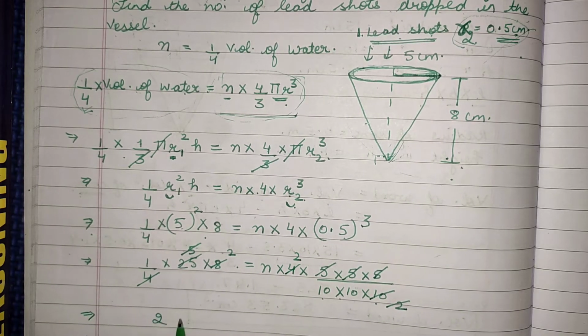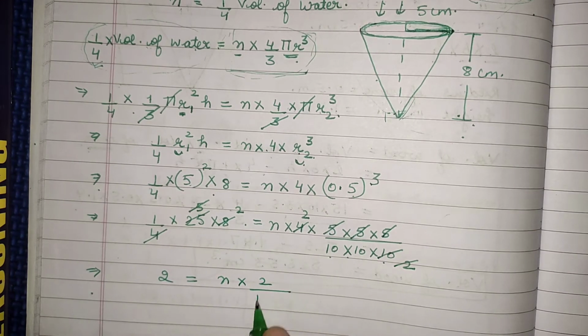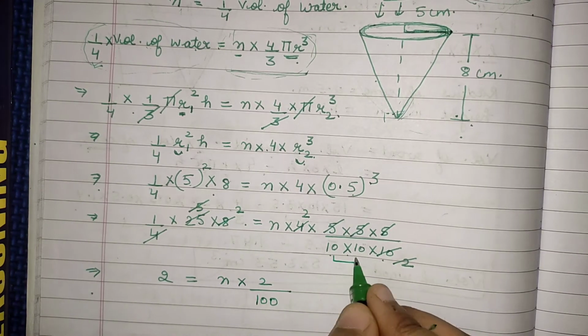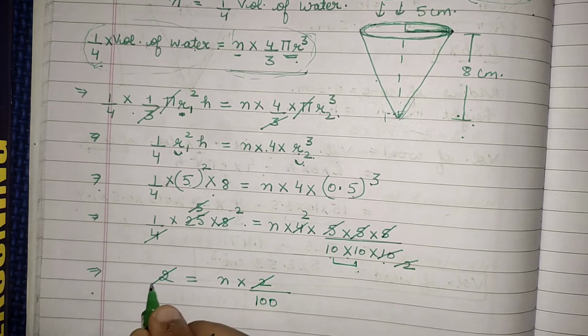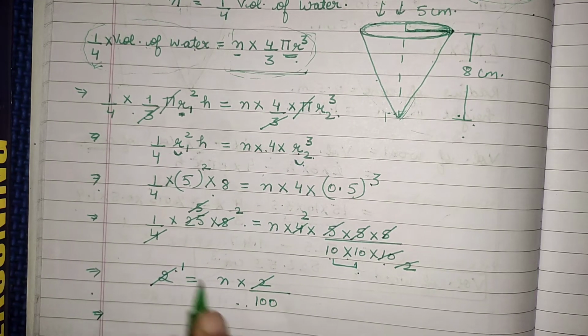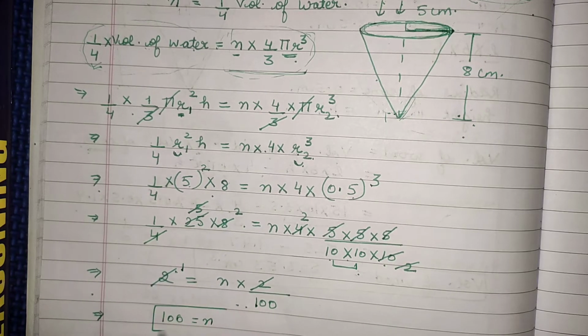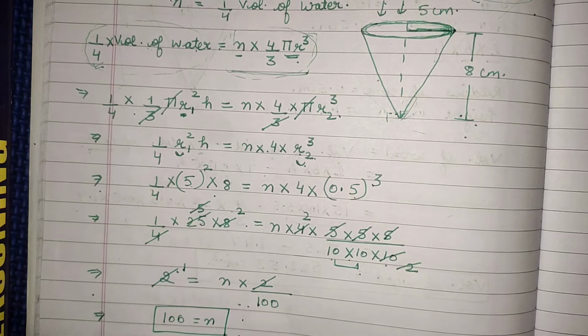So I will be left with 2 equal to n into 2 by 100. Again I can cancel out this 2 and 2, so I will be left with 1, and when 1 is multiplied by 100, my answer will be 100 equal to n.